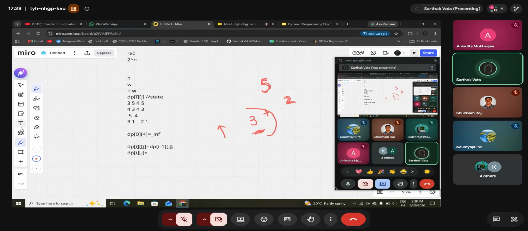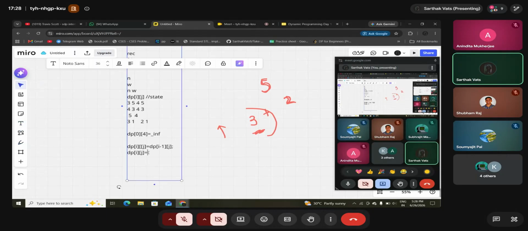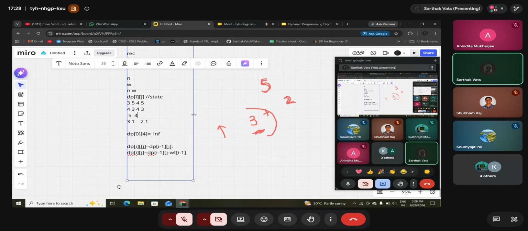So I would just check it out, right? Okay, I would write it down. So it is dp of the previous index, and then we would subtract whatever the weight was. Currently I was at 2.